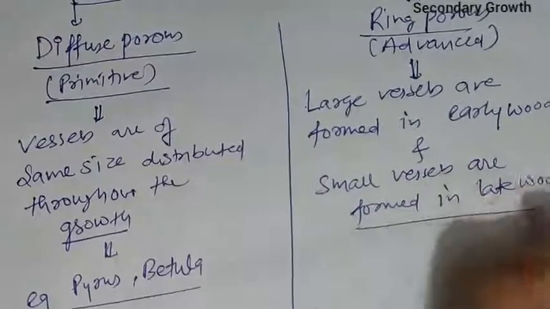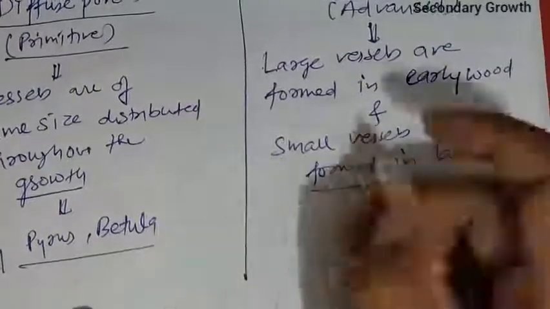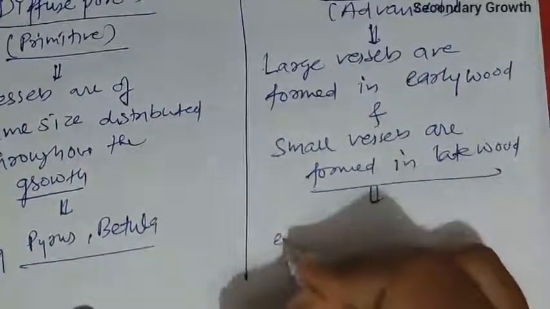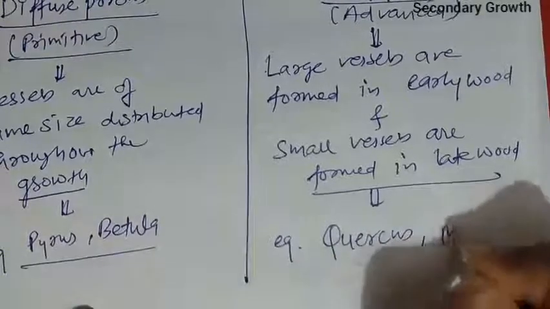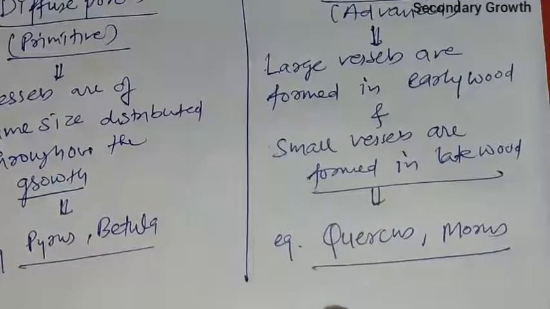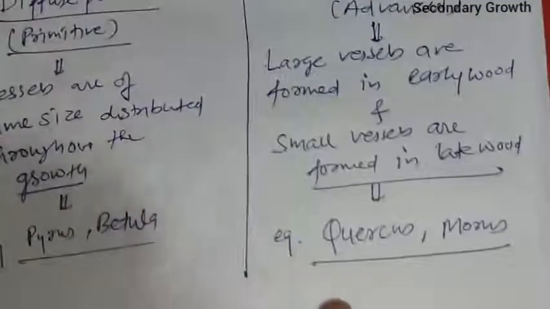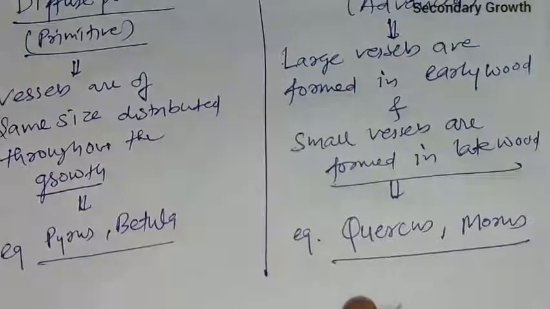Means during the growth period the size of these vessels is not uniform. So examples are Quercus and Morus. Okay, so this is the ring porous wood. So that is about the types of wood.